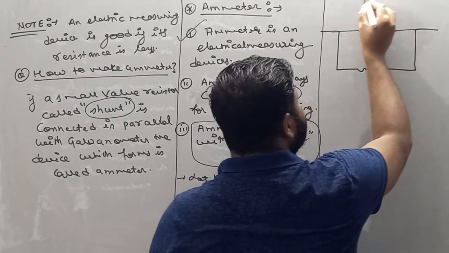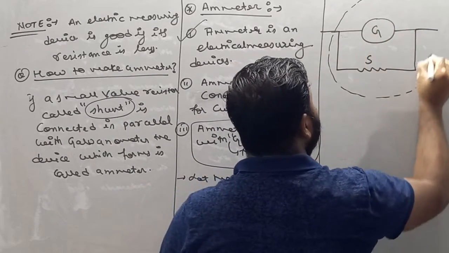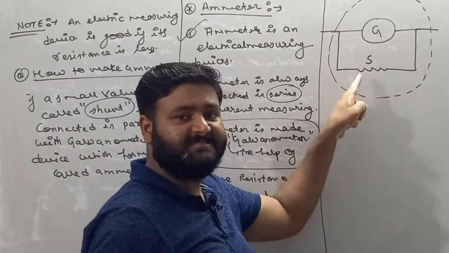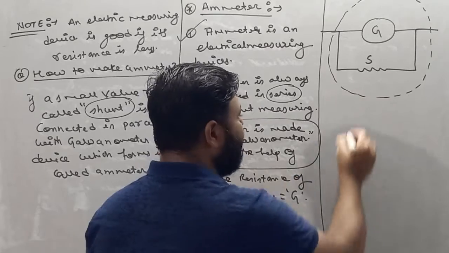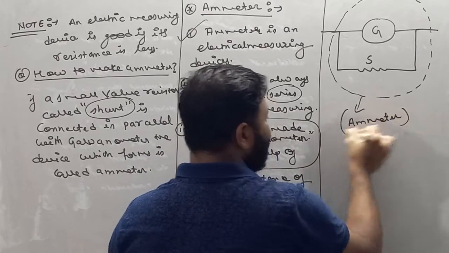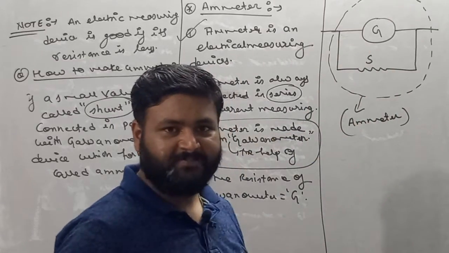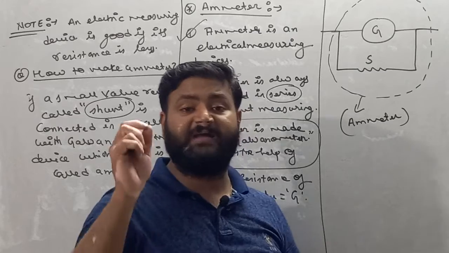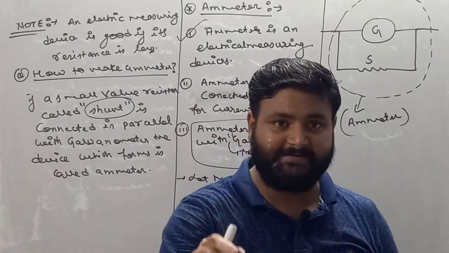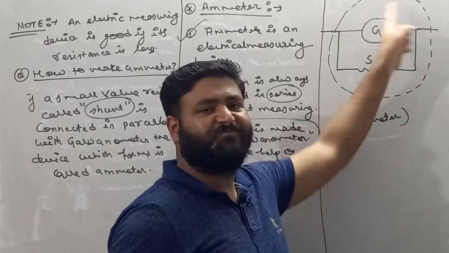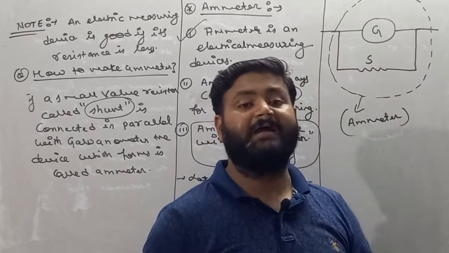The device which forms along with the galvanometer and the parallel resistance called a shunt is called an ammeter. Very simple, my dear student. If a resistor of very small resistance called a shunt is connected in parallel with a galvanometer, then the device which forms is called an ammeter.